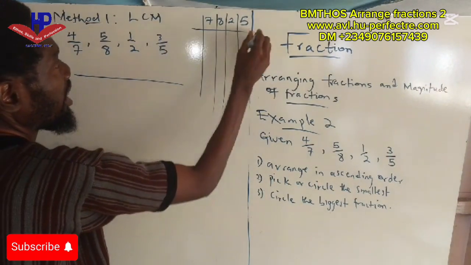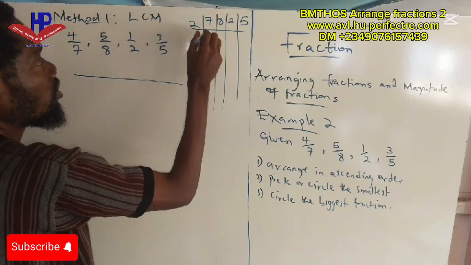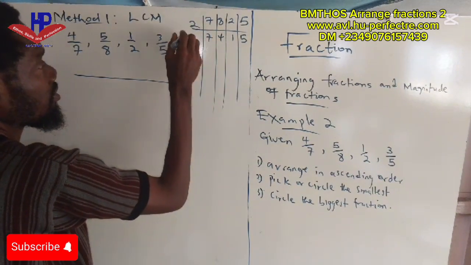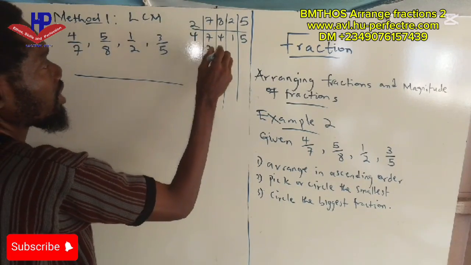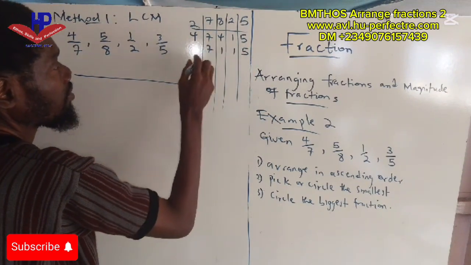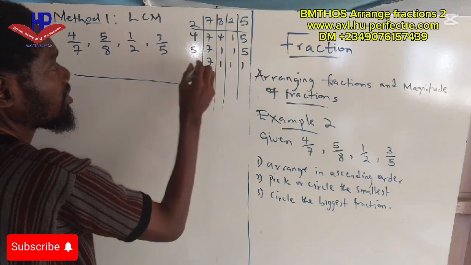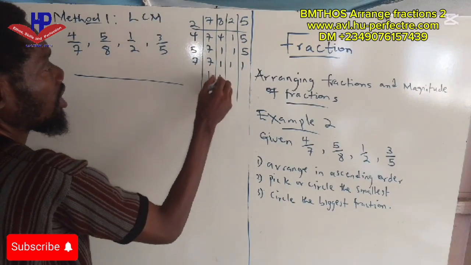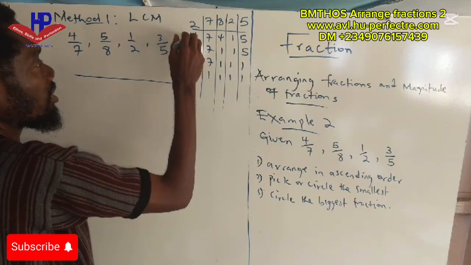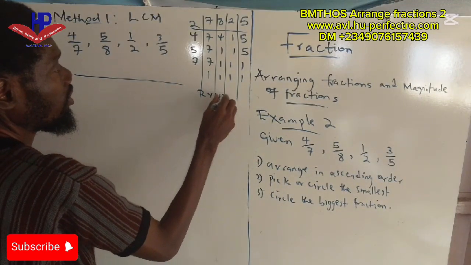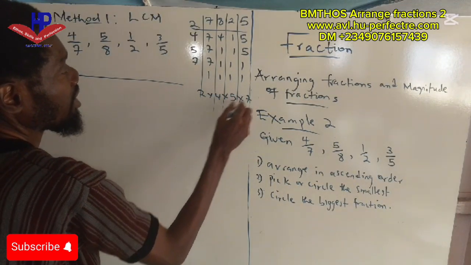Put your factor area. 2, 7, 4, 1, 5. Then 4, 7, 1, 1, 5. Then 5, 7, 1, 1, 1. 7 will cancel itself, 1, 1, 1. We have 2 times 4 times 5 times 7.